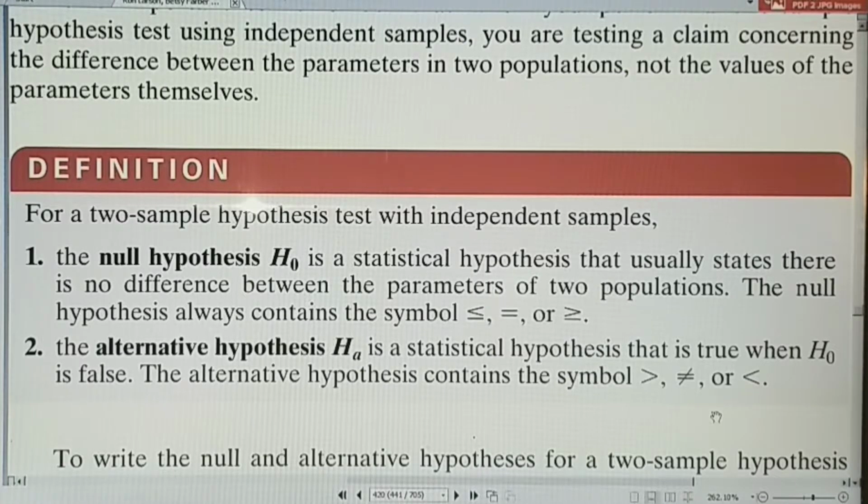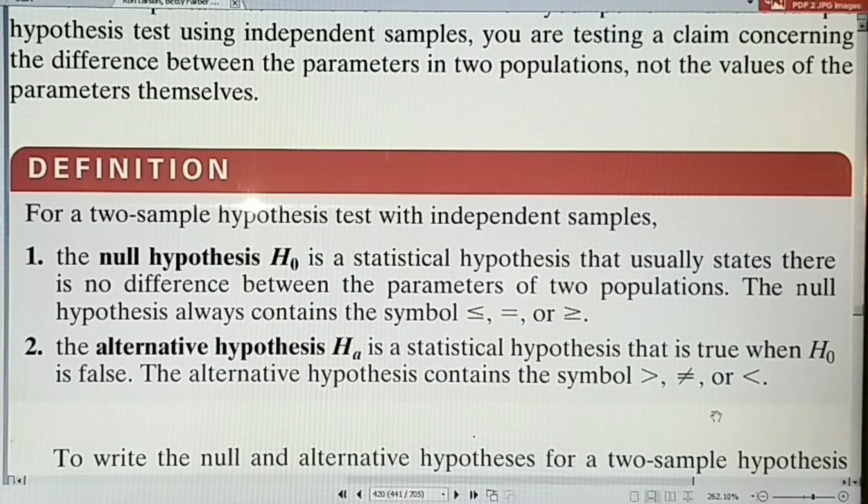The null hypothesis always contains the symbols less than or equal, or greater than or equal. The alternative hypothesis, HA, is a statistical hypothesis that is true when H0 is false. The alternative hypothesis contains the symbol greater than, not equal, or less than.